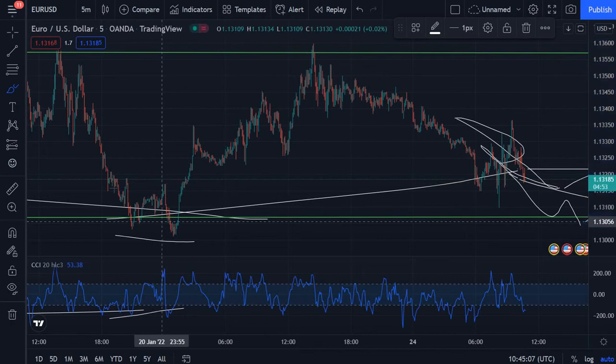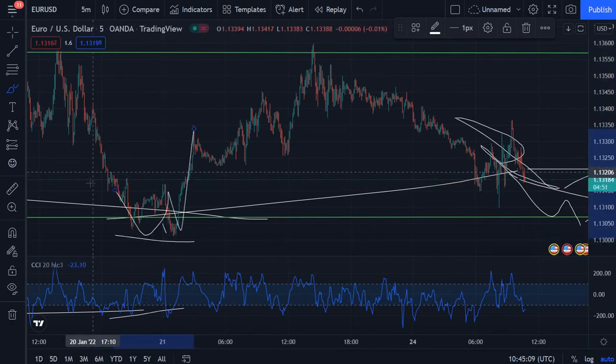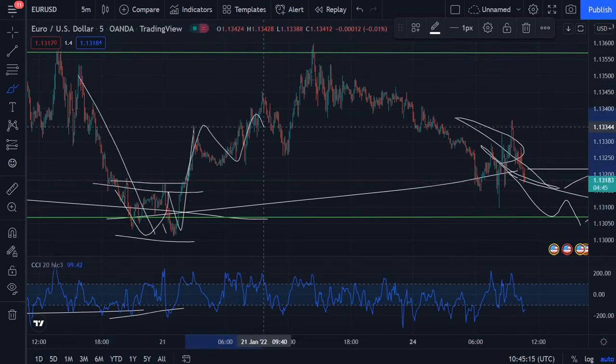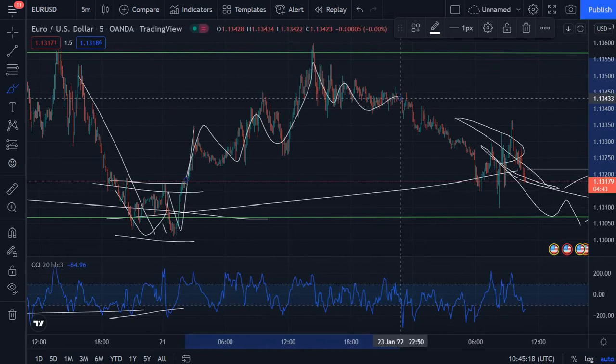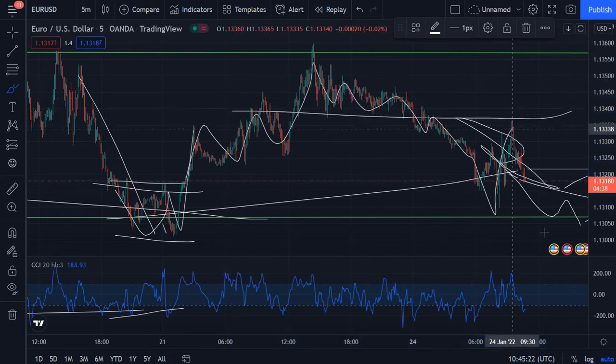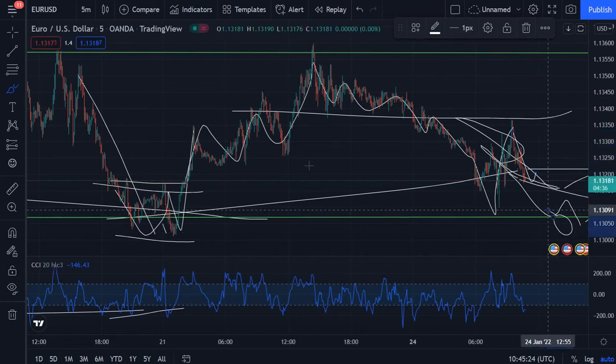On the 5-minute chart, we broke this zone after the double top on this trend line exactly here, and we moved higher. Here now sideways and going lower. Here the retest to around this area, going lower, so probably again to this area.